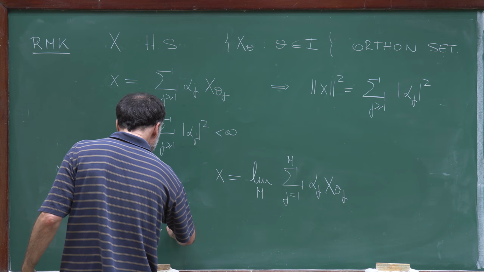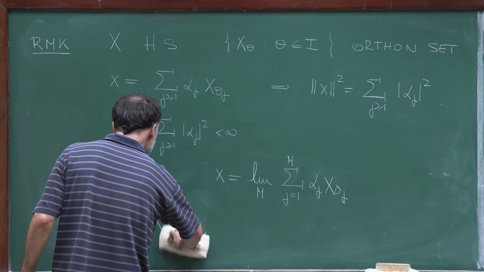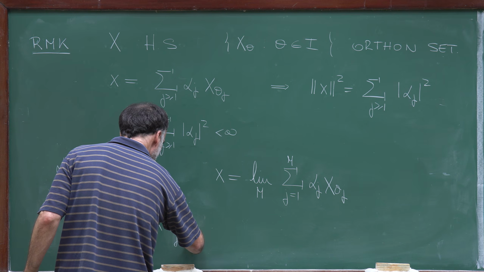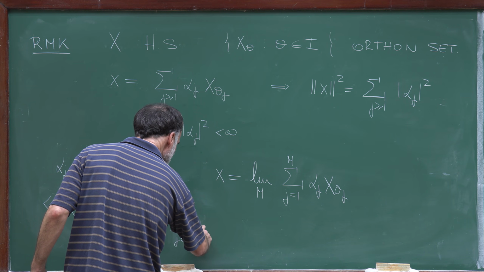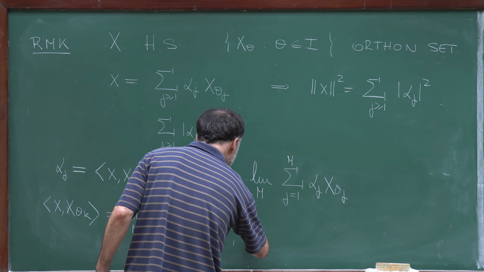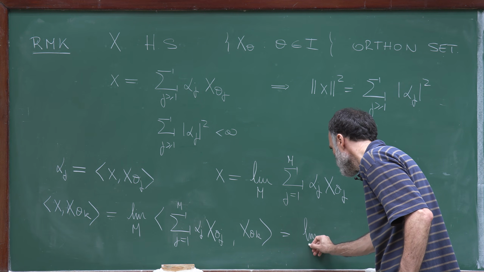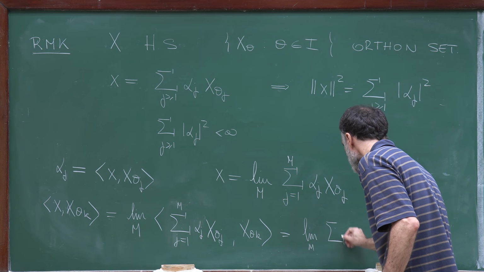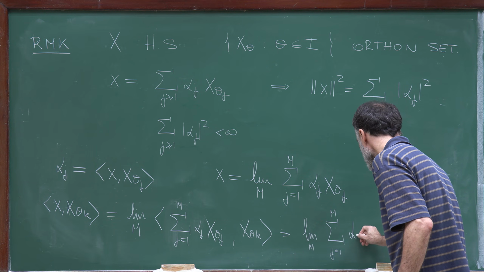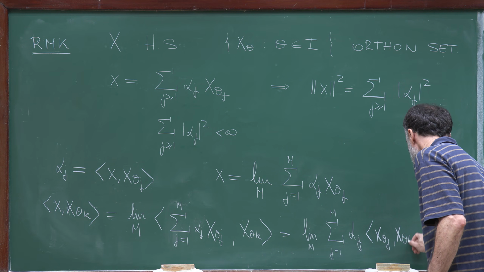So this is the limit of the sum from j equals 1 up to M of alpha j times the scalar product of x theta j with x theta k. So this is the limit in M of the sum, j from 1 to M, of alpha j times the scalar product of x theta j with x theta k.